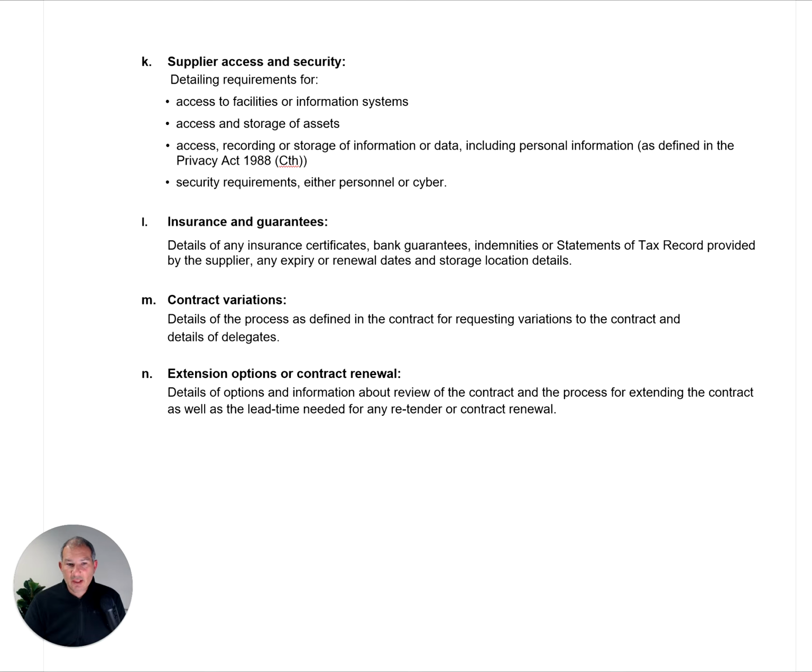You want to record it so that, one, what they've got access to, but also secondly, you can work out what to turn off access to when the contract ends, and you can also work out what to ask back, as in what information or stuff they have of yours you want back. Or you can also ask them to destroy information that they have that you don't want them to have anymore, and they can be asked then to provide a stat dec saying the relevant data or information has been destroyed.